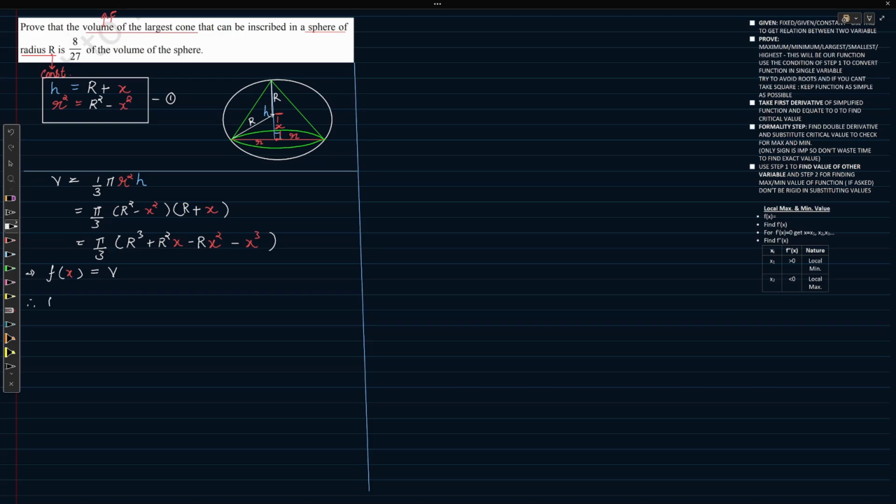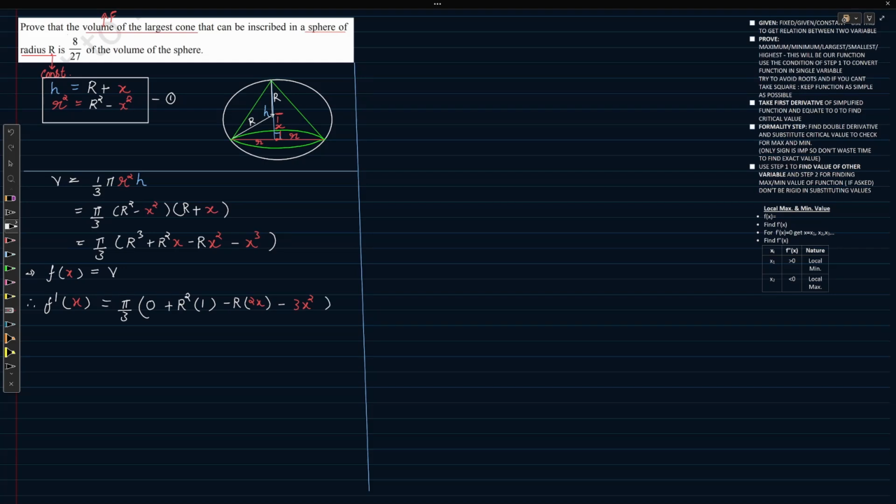चलो, therefore first step differentiation, f dash x equals to, बोलो differentiation pi by 3 constant bracket, differentiation of R cube will be 0. Then R square constant into differentiation of x is 1 minus R constant differentiation of x square is 2x minus differentiation of x cube is 3x square.